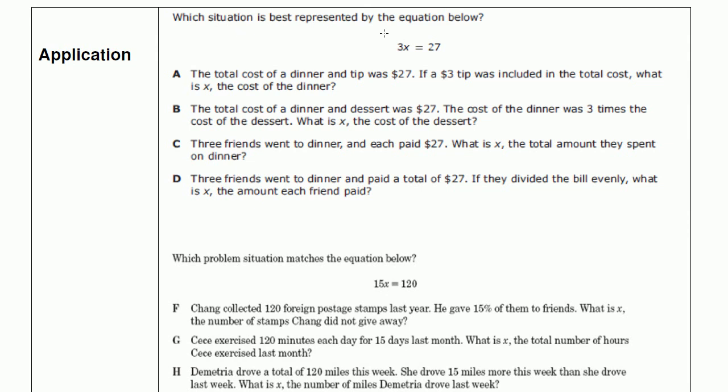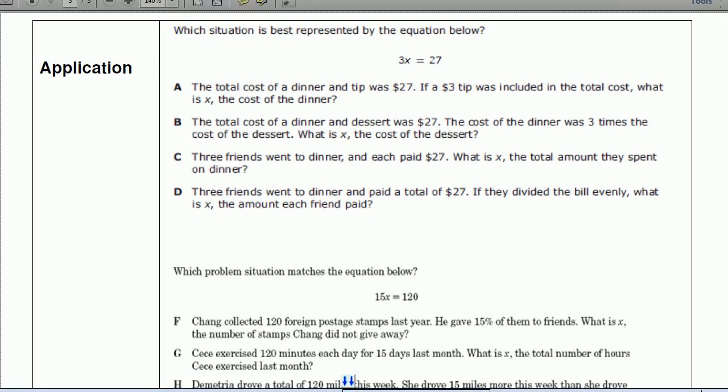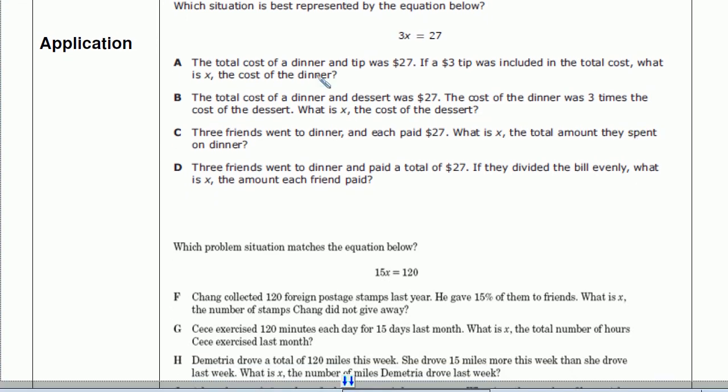Which situation is best represented by the equation below? 3x equals 27. And let's look at the first one. It says A, the total cost of dinner and tip was $27. So here it's telling me the total cost was 27, right? So that means that's going to be equal to 27.